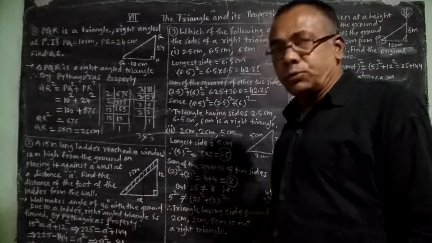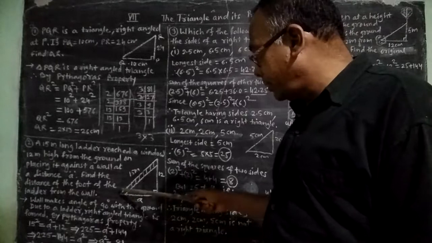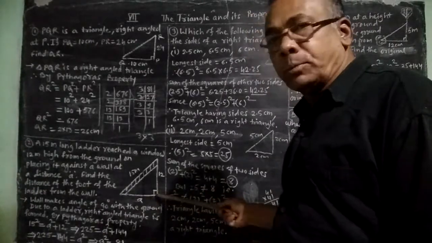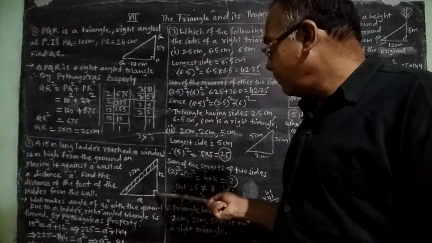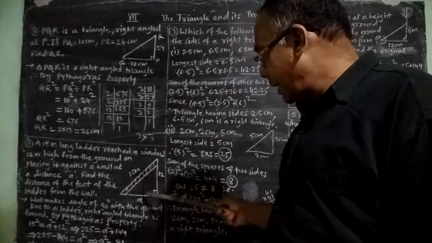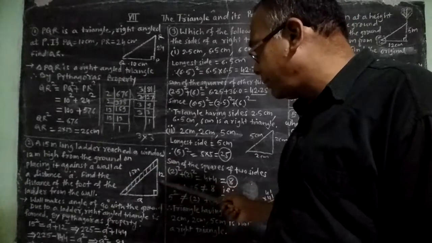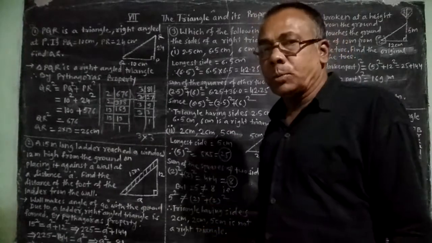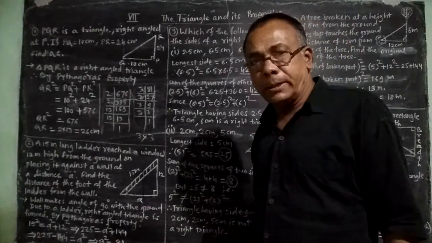We are asked to find the distance of the base of the ladder and the base of the wall. So here the length of the ladder is given 15 meter and the height of the wall is given 12 meter, and we have to find the distance between the base of the wall as well as the base of the ladder.